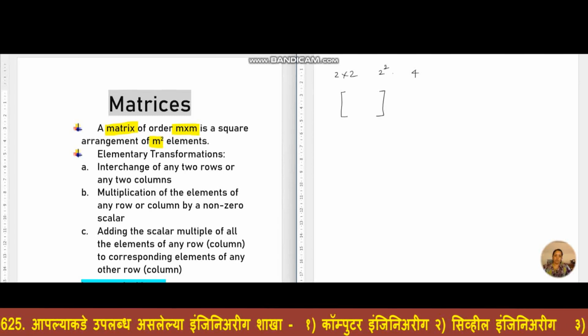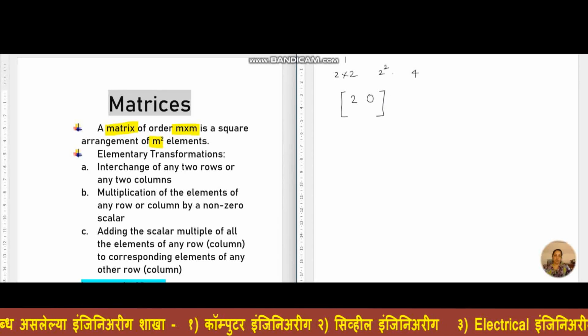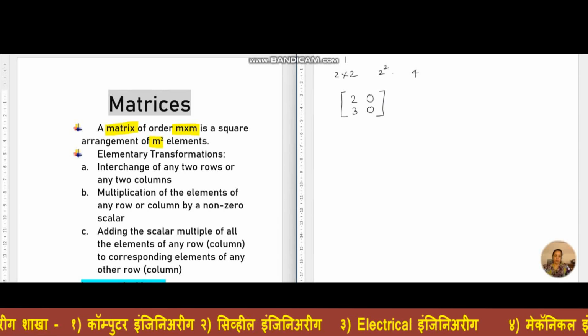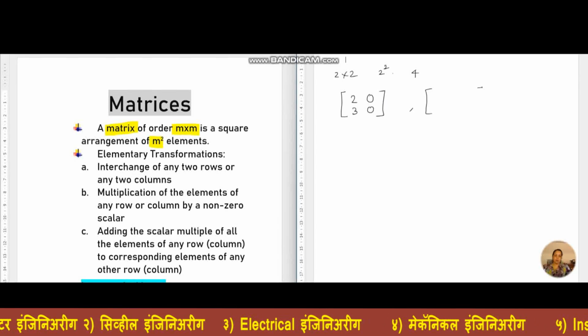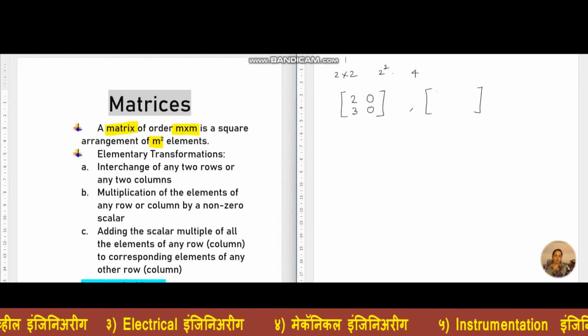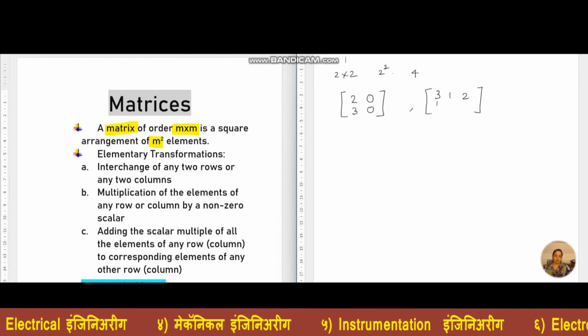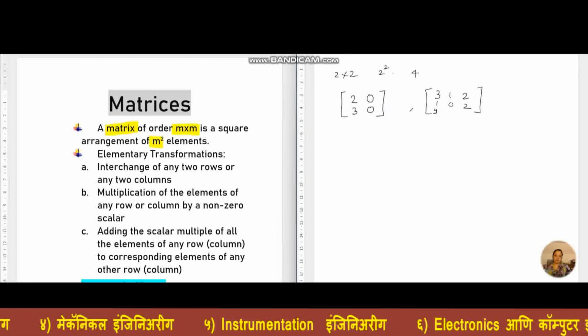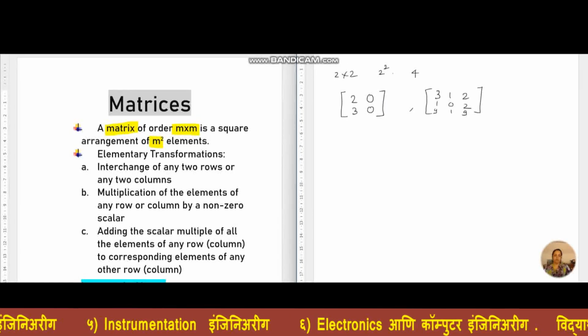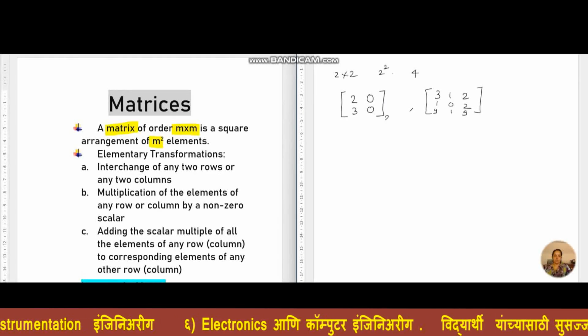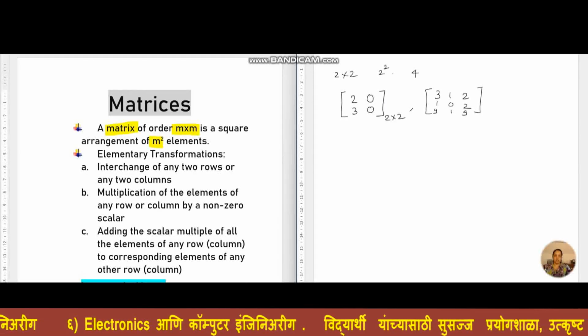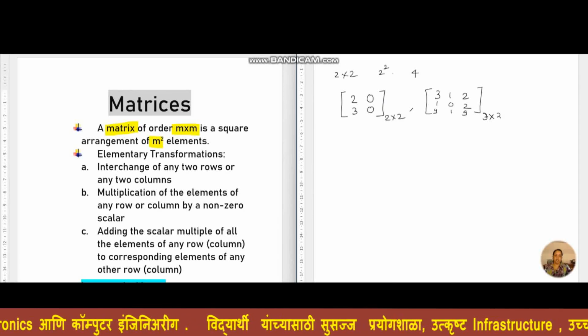See, this is a matrix of order 2 by 2. This is a matrix of order 3 by 3. These are two matrices. This is of order 2 by 2 and this is of order 3 by 3.